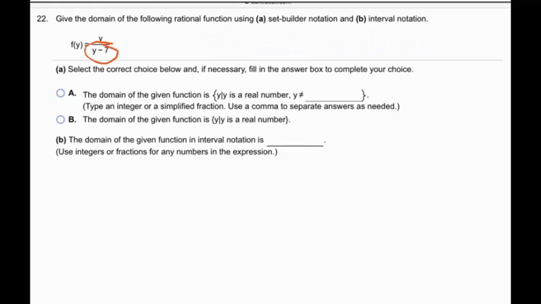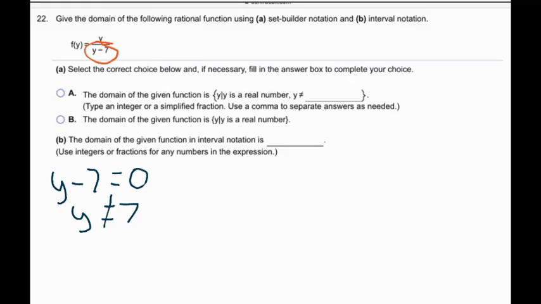So what we do is set that expression in the denominator equal to 0. So it tells us that y equals 7 will yield 0. So basically what we're saying is y cannot equal 7.